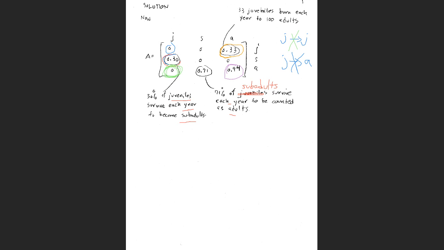An adult can't become a juvenile, but adults can give birth to juveniles. So essentially, the 0.33 means that 33 juveniles are born each year to 100 adults. So essentially, the adults become juveniles in the sense that they give birth to juveniles, you see?